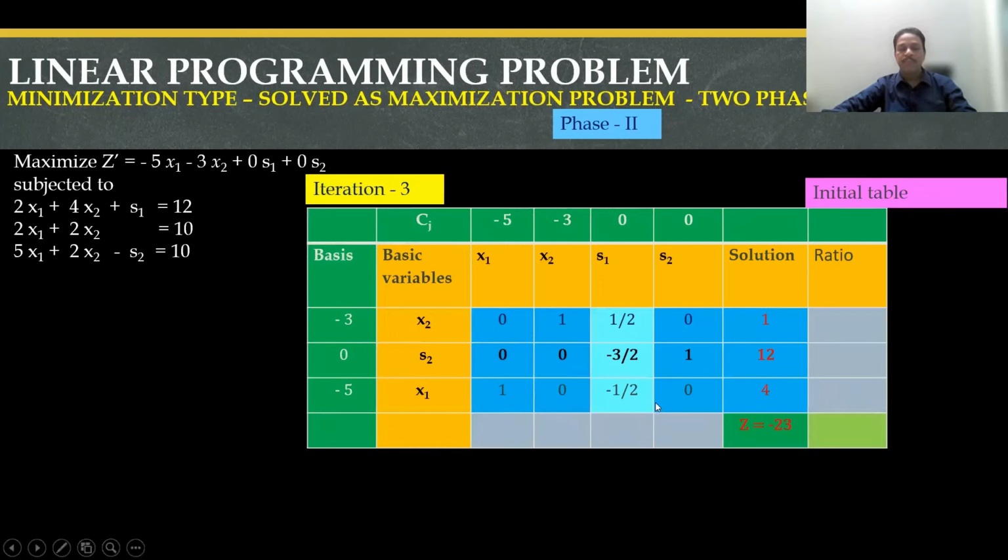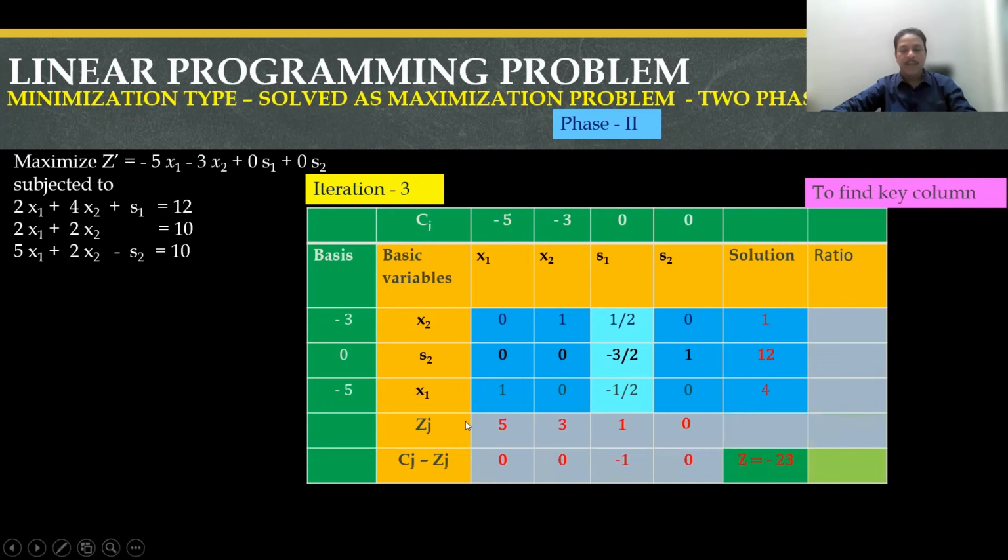Now the next step is to find the value of Zj and then Cj minus Zj, which gives us 0, 0 and 0 under the x1, x2 and s2 columns. So we can check, s1 is in basic, yes. x2 is in basic, yes.